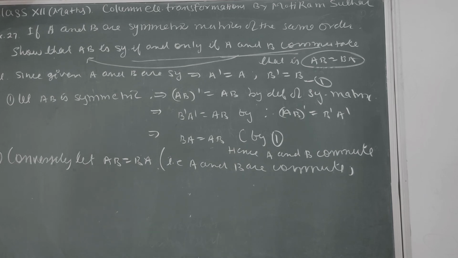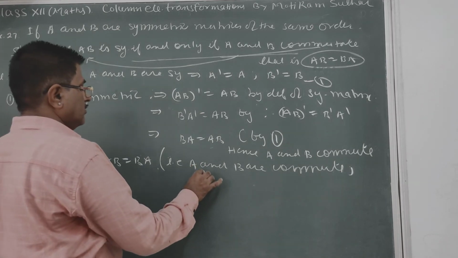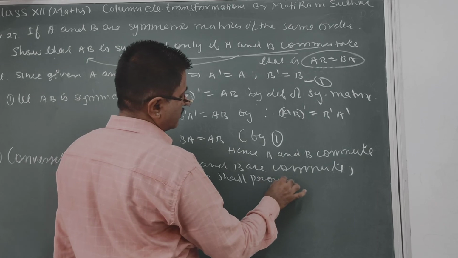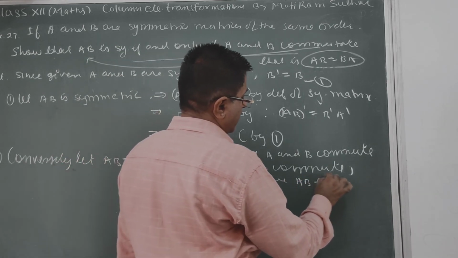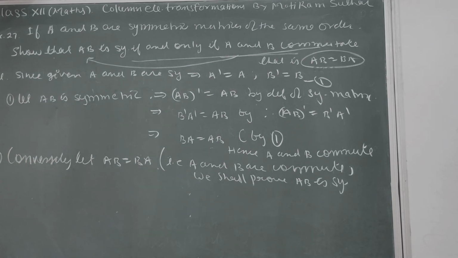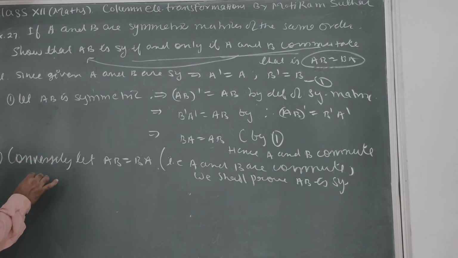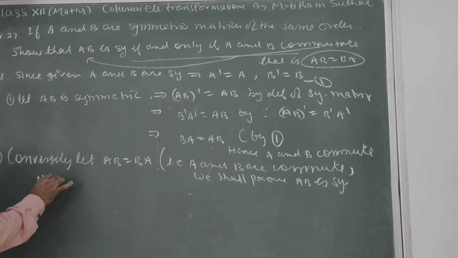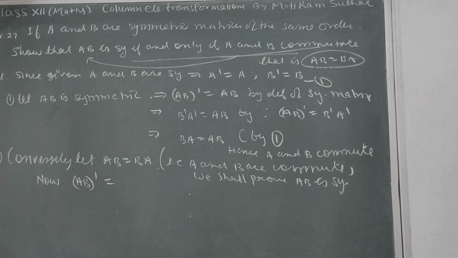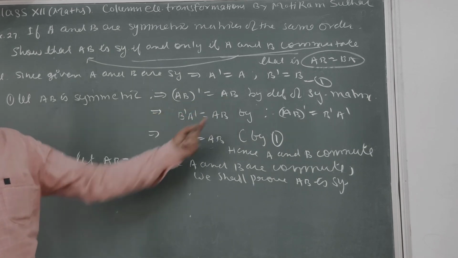So AB equal to BA, and we shall prove that AB is symmetric. ये हमारा काम है, this is our job to prove that AB is a symmetric. तो सिमेट्रिक के लिए हमको उसका ट्रांसपोज निकालना पड़ेगा. How we prove the symmetric matrix, we want to find the AB whole transpose that should be equal to AB. तो इसका जो ट्रांसपोज है वो किसके बराबर आना चाहिए, AB के.